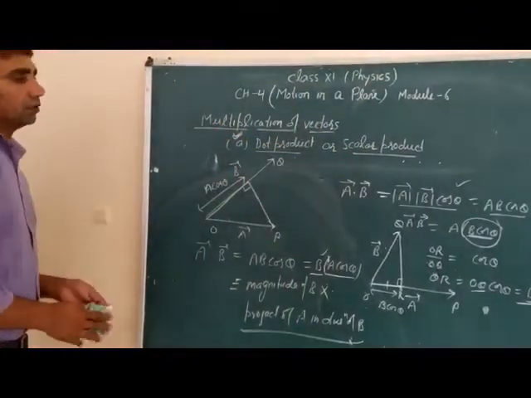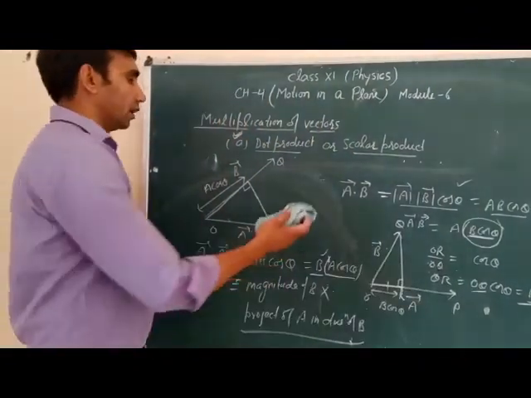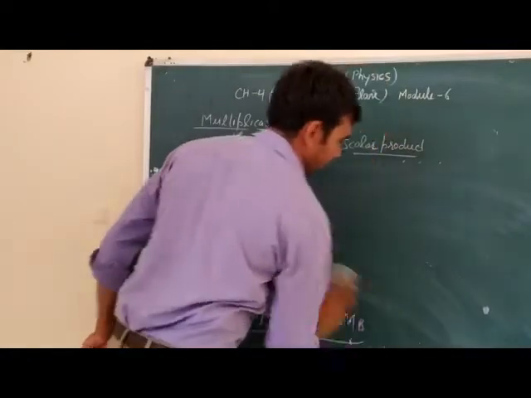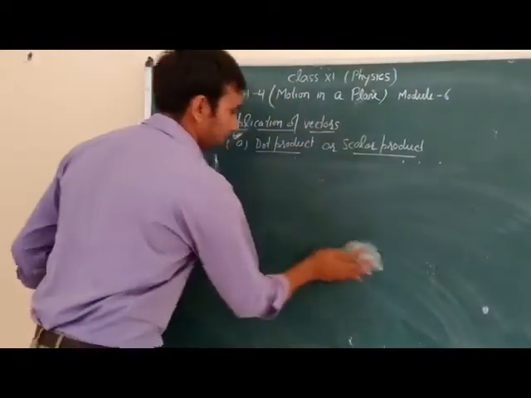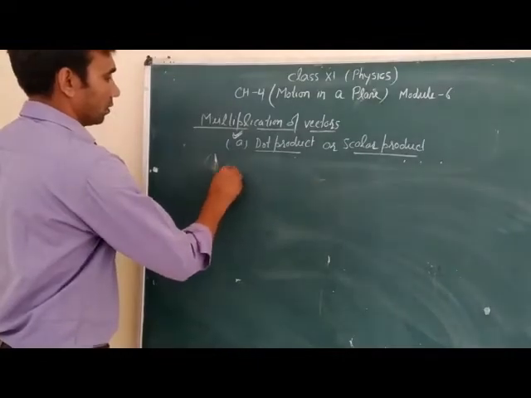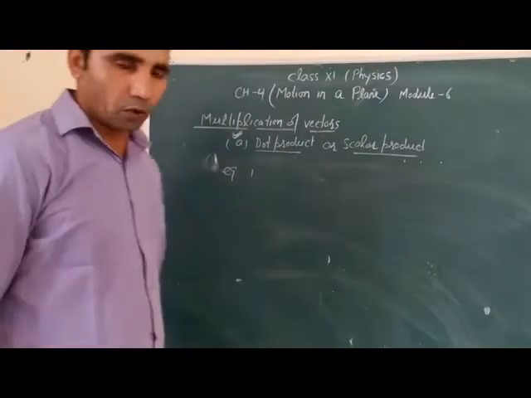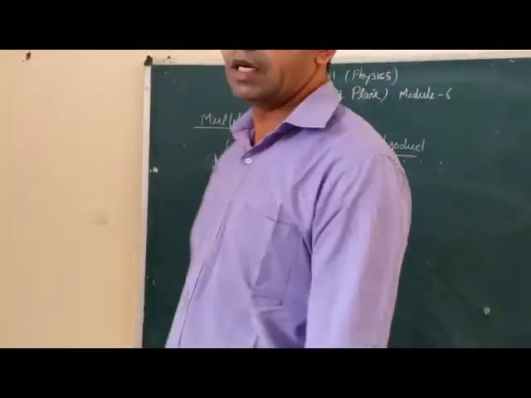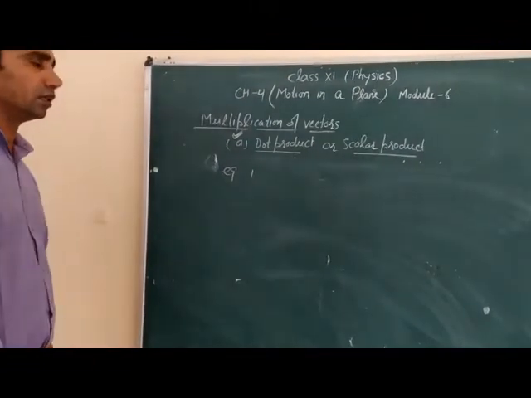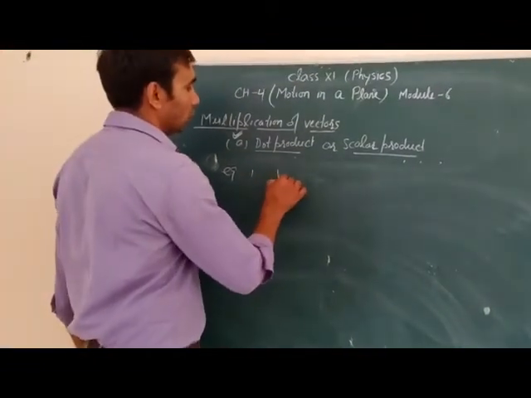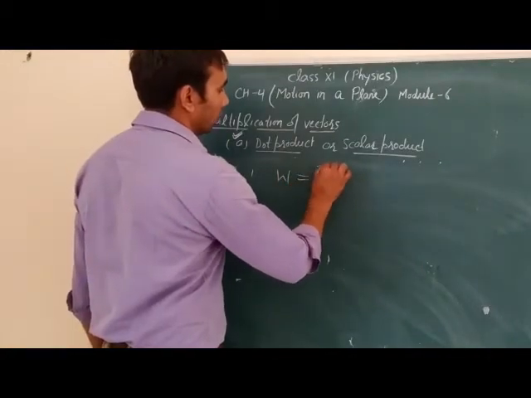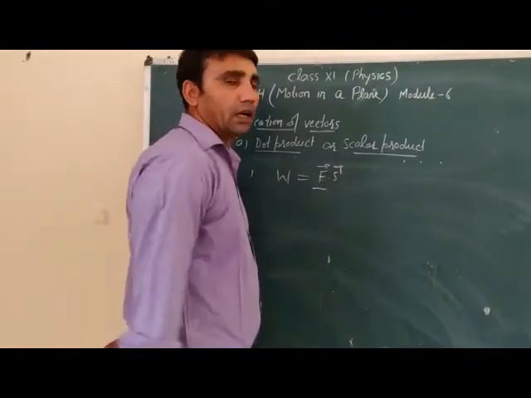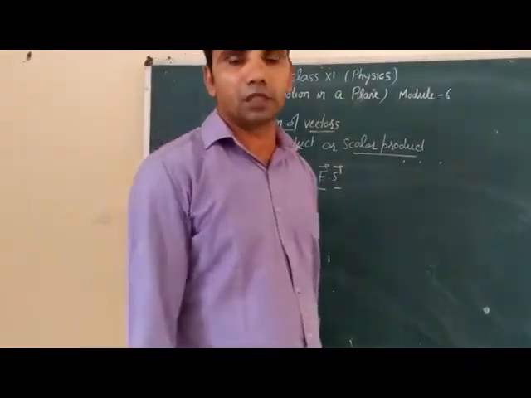Now, examples of the dot product of two vectors. First example: the dot product of the force acting on an object and the displacement covered by the object gives work, W equals F dot S, where F is the force applied on the object and S is the displacement covered by the object.